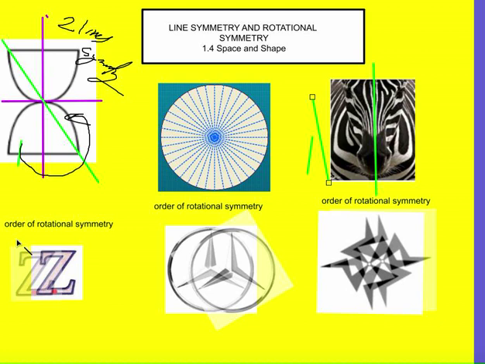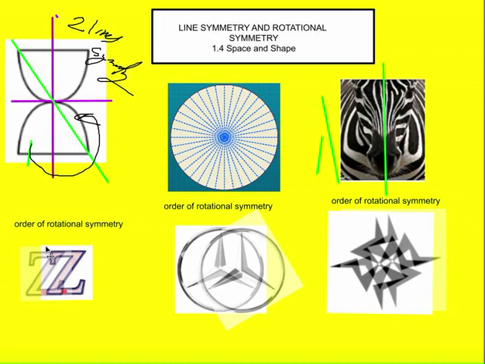Now let's talk about rotational symmetry. Rotational symmetry is when you can move an object around in itself. So here we have a Z. I've made a copy of the Z that you can see. And this Z has some rotational symmetry. If I take that Z and spin it, right there, it has 1, 2.